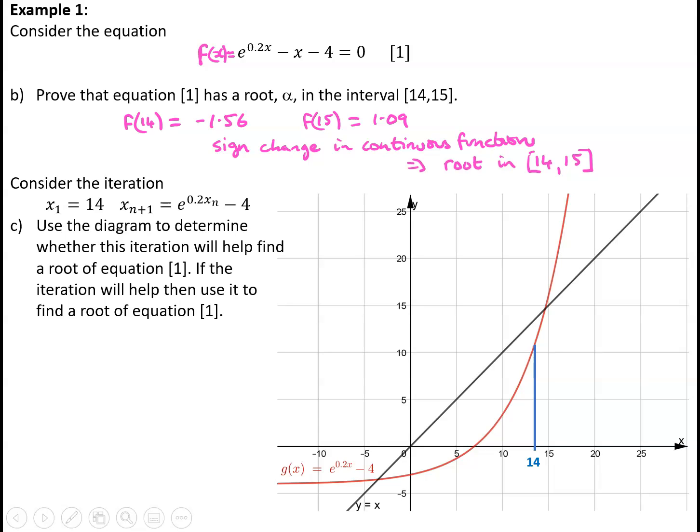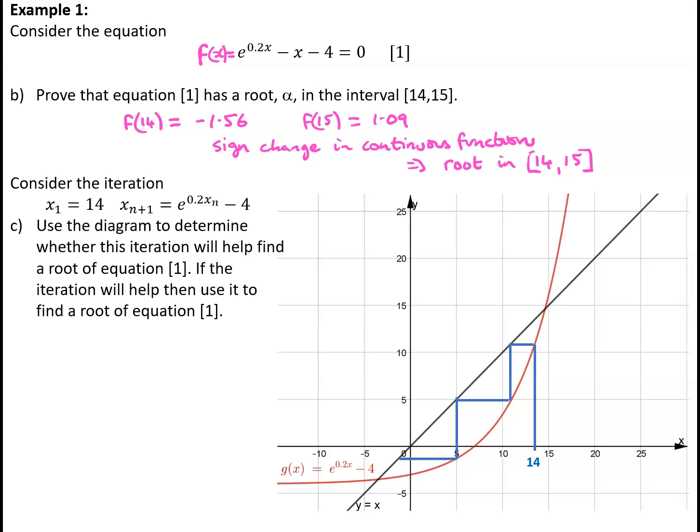Moving horizontally to the line y equals x gives me the point x2, x2. Moving vertically to the curve will give me the point x2, x3. Horizontally to the line y equals x will give me the point x3, x3. Vertically to the curve gives me the point x3, x4.